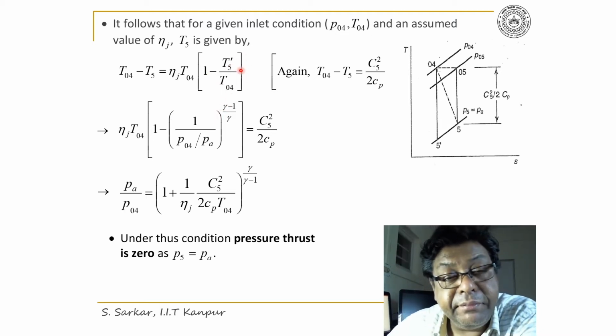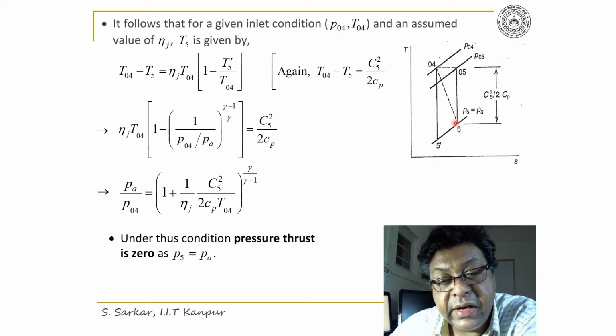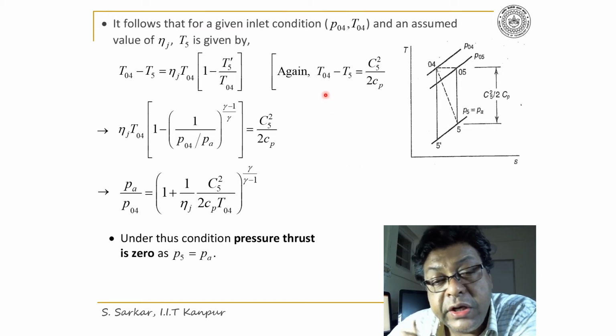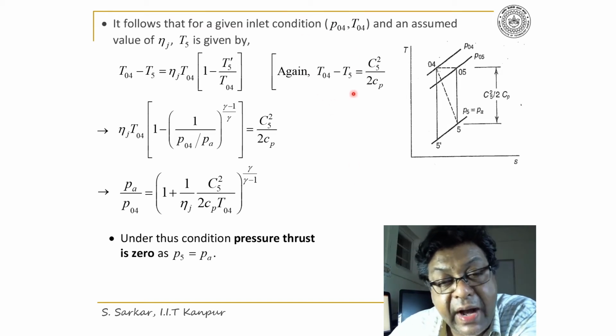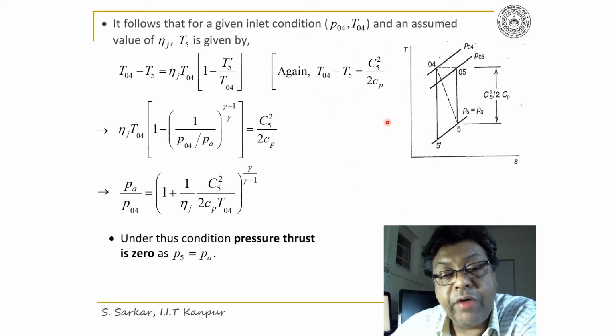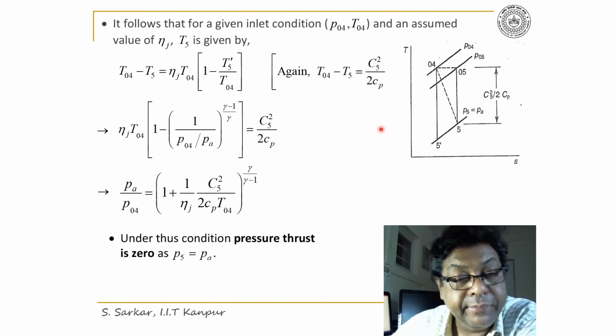Now T5 dash by T04 can be related with pressure ratio, as you can appreciate from the TS diagram. Further, we know T04 minus T5 is equal to C5 squared divided by twice Cp.